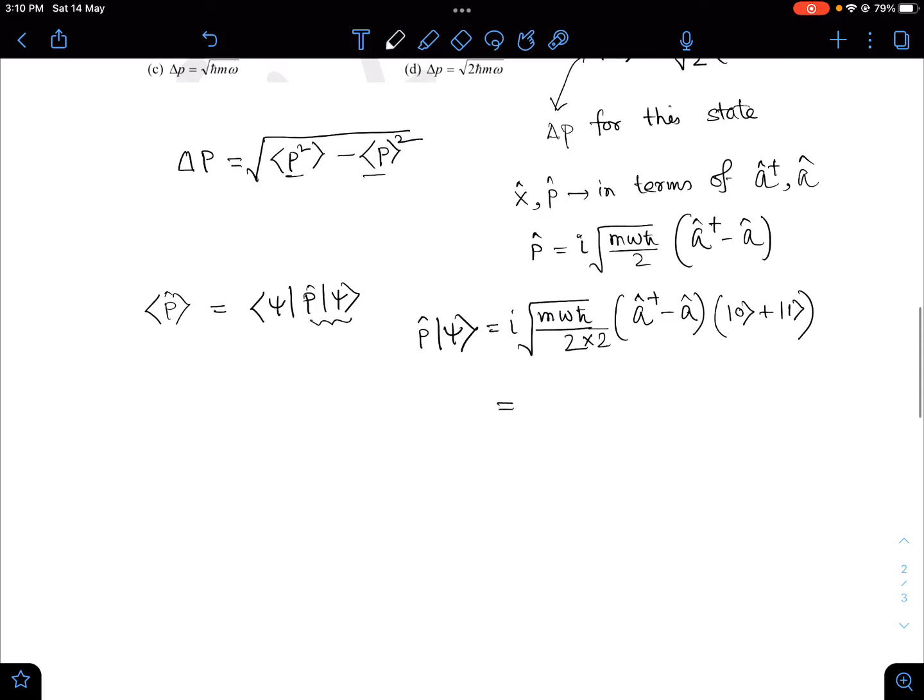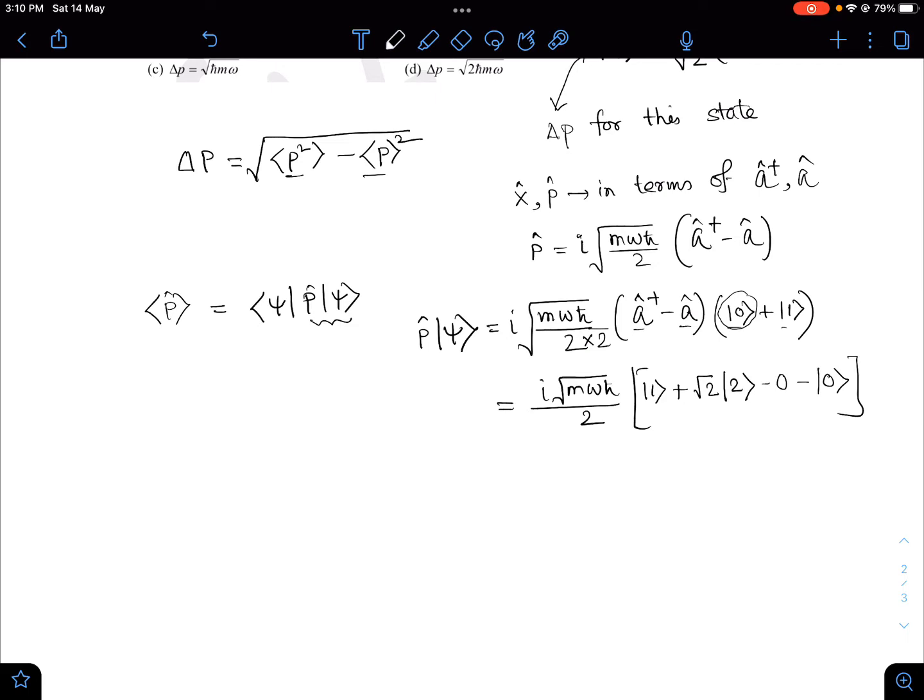So let us evaluate this. When the raising operator acts on the 0 state, it will give |1>, and for the other state it will be root 2 times |2>. When the lowering operator acts on the ground state, it will give us 0, and when it acts on state 1, it will give us the 0 state.